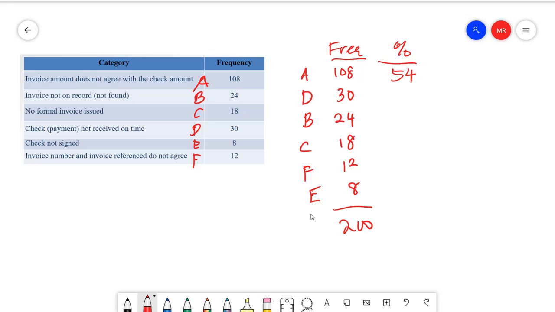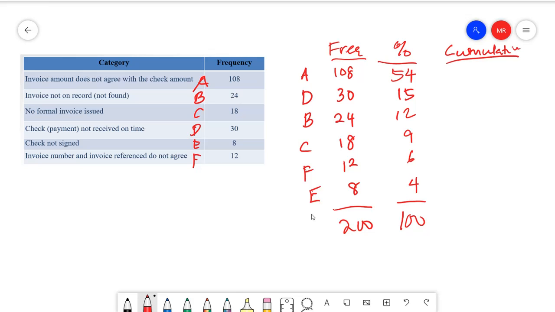Here is 15, here is 12%, 9%, 6%, and 4%. So the total is 100, but we need another column, which is cumulative percentage.